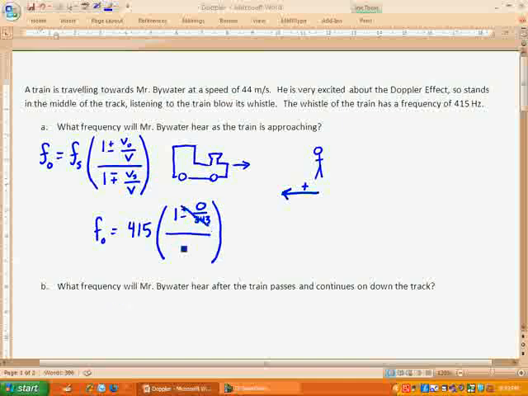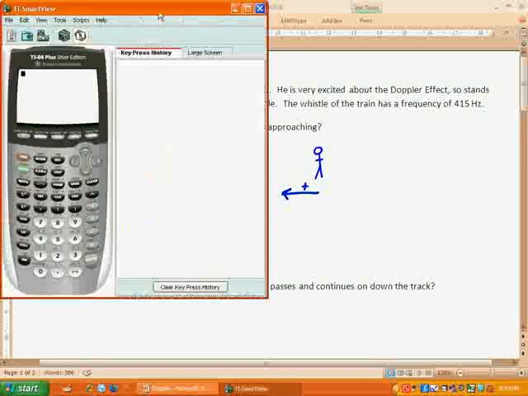Okay, now on the bottom we're going to have 1, and then it's going to be plus or minus. The train is moving in this direction, which is opposite what we have defined as being the positive direction. So that means we're going to have a minus, and then the velocity of the source, which is 44, over 343, which is the speed of sound in air. Okay, so from there we should be able to solve the equation. Let's pull out our calculator.